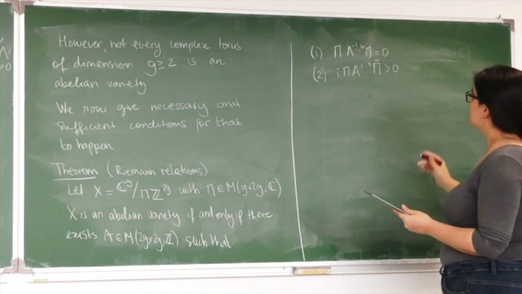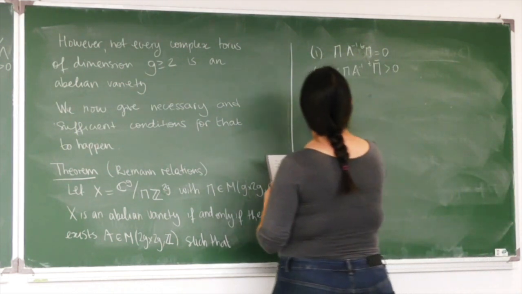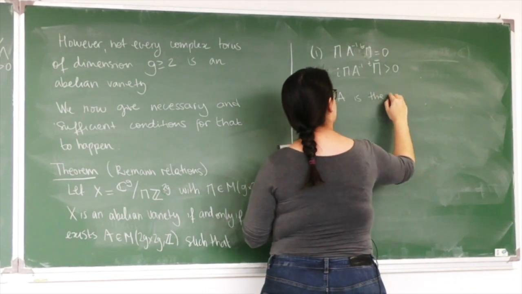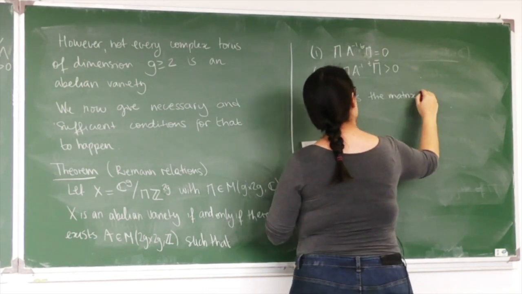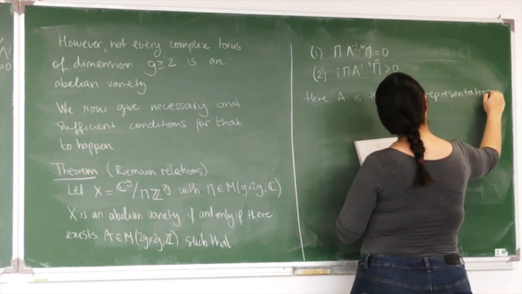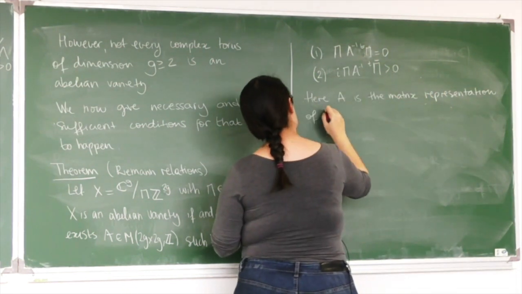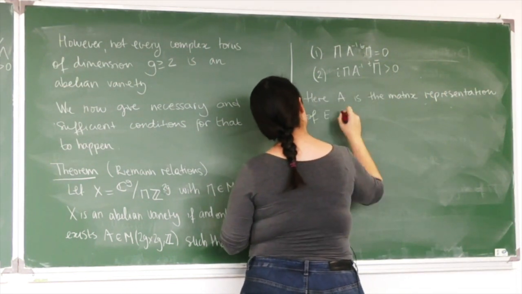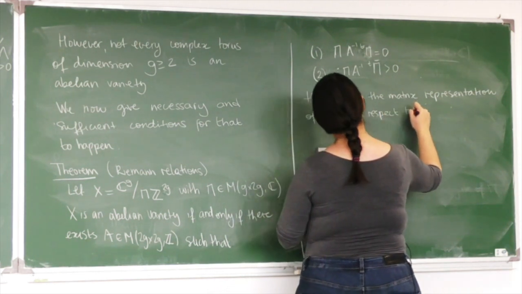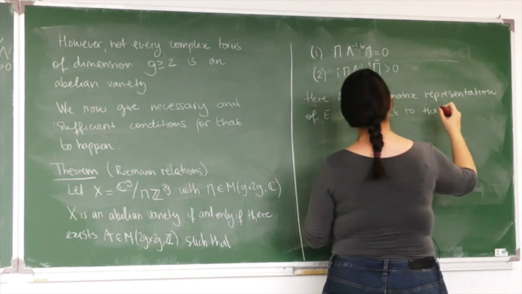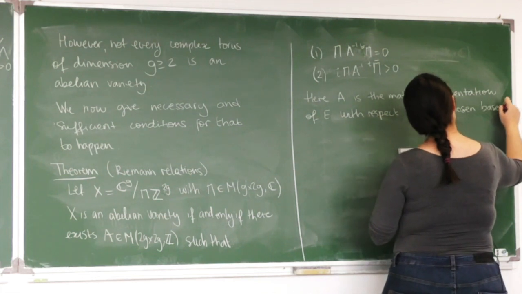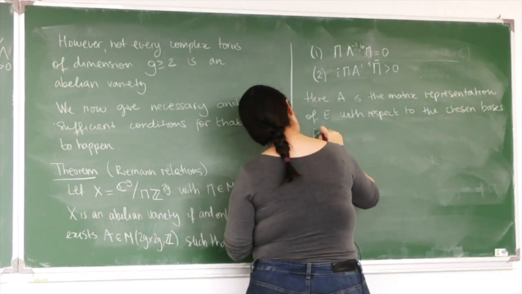And what one has, well, this is the statement, and here A is the matrix representation of E with respect to the chosen basis for the period matrix pi.